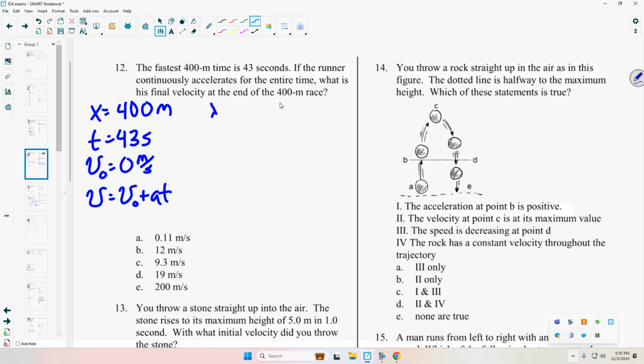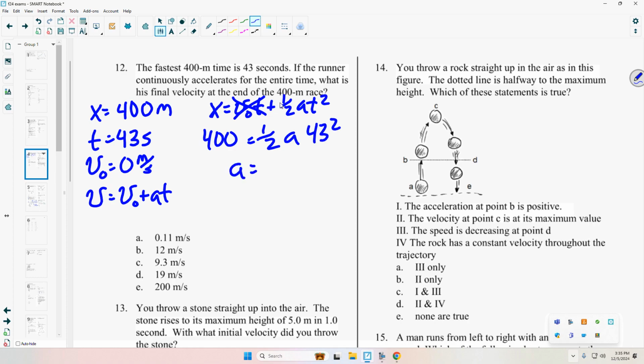My other kinematics equation, which you won't have on the equation sheet, but they're the same as the rotational equations. So if you know that x is theta, v is omega, a is alpha, then you'll have those in front of you. Anyway, x is equal to v naught t plus 1/2 at squared. V naught is 0, so that term goes away. And so x, which is 400, is equal to 1/2 of a times 43 squared.